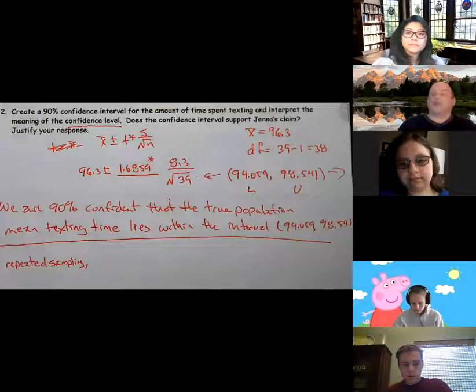Conversely, that also means if I did it for every single possible sample, 10% of the intervals would not be successful in capturing the true population mean. So we're saying, hey, 90% of the time we're right, 10% of the time we're wrong.